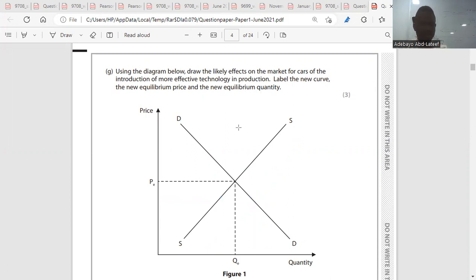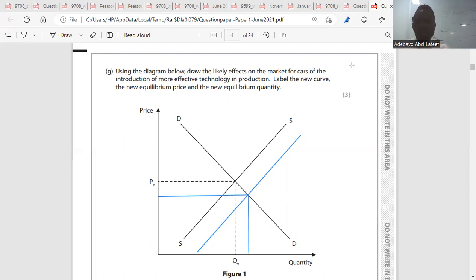The first thing is that an improvement in technology, or effective technology, will shift the supply curve rightward, from S to S1. At this point, we're going to have a new price from PE to P1, and at this point, a new quantity this way. Is it clear?